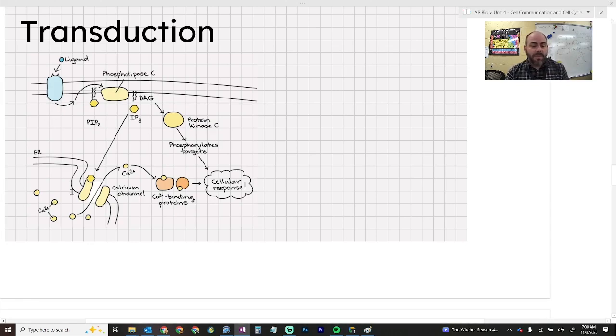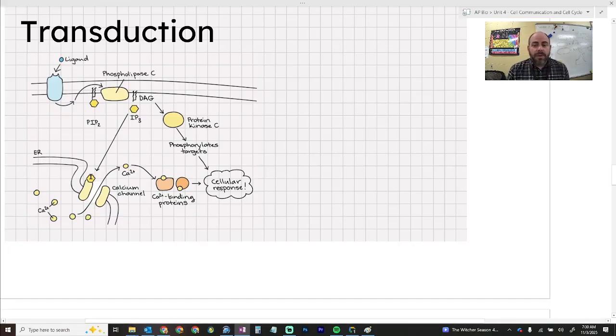And this pathway, all the way from receptor changes to cellular response, all of this inner workings here is called transduction. Transduction is basically that signal being relayed from reception to cellular response. And there's going to be a series of shape changes that are going to occur here.